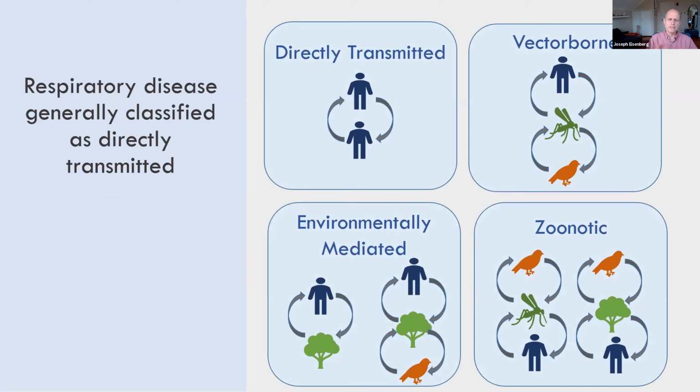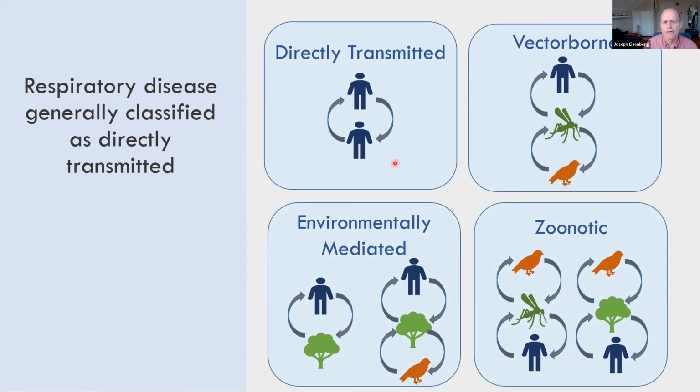So when we think and classify infectious disease pathogens broadly, we come up with these different kinds of classifications, such as directly transmitted diseases that move from person to person.